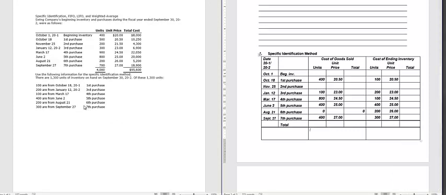Now notice it didn't mention the second purchase. So on the second purchase, we purchased 200. We don't have any of those, so that just means that we sold all 200 from the second purchase.